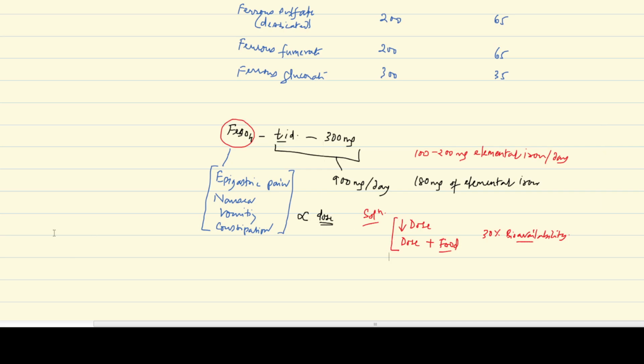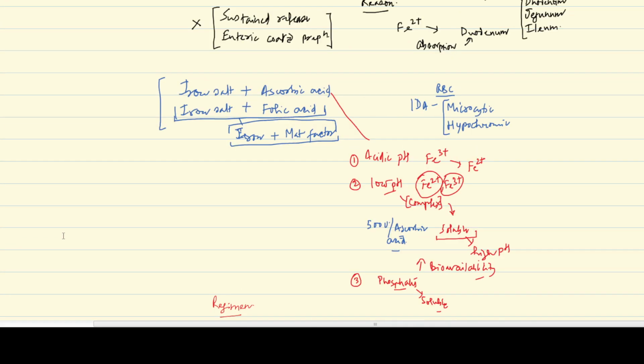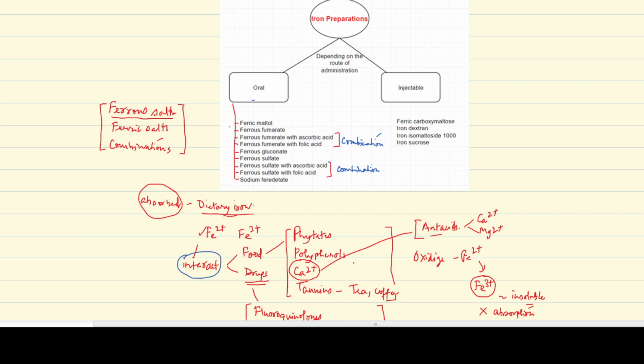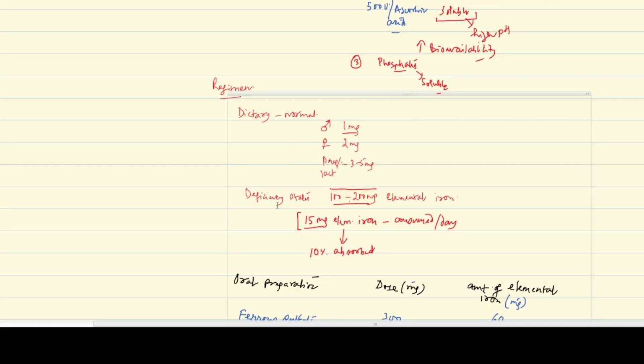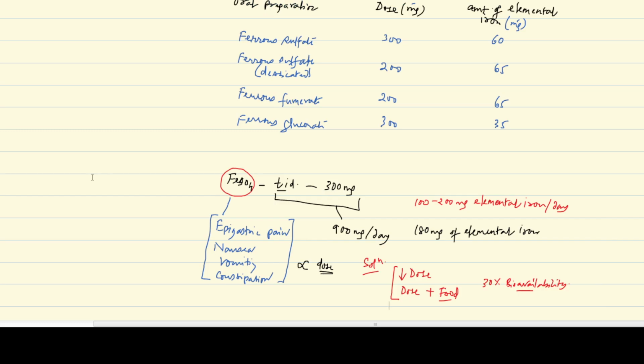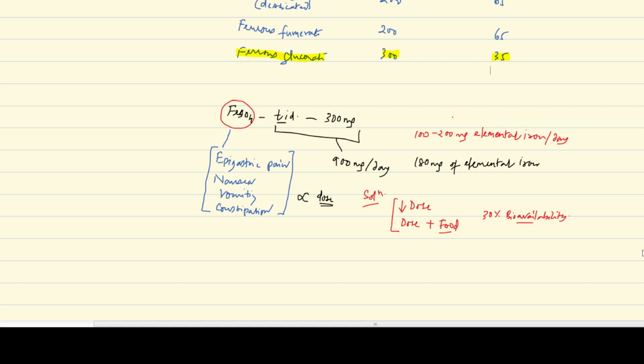So you've got these preparations which have lesser dose than ferrous sulfate as such. If we look into this table that we wrote some time back, remember this salt, ferrous gluconate. It's a 300 milligram tablet, but it's got only 35% of elemental iron. Meaning it's got less dose of elemental iron coming in, and therefore it would have less GI side effects.